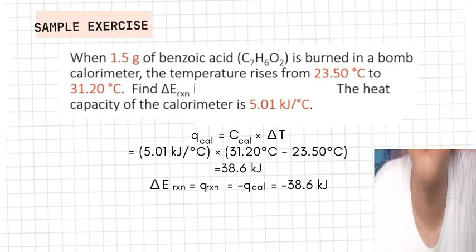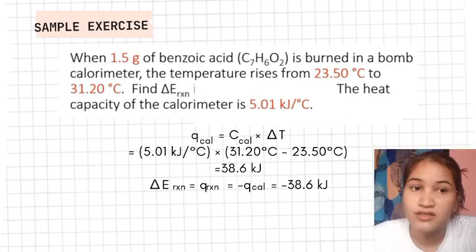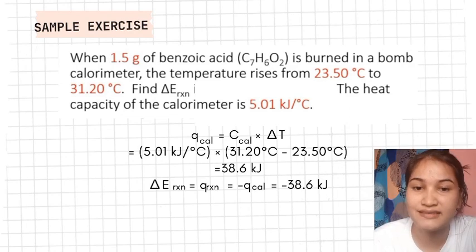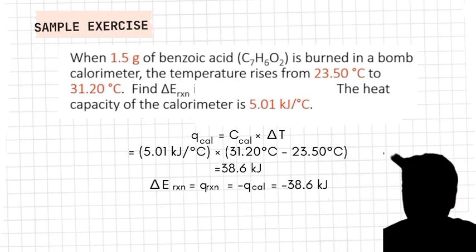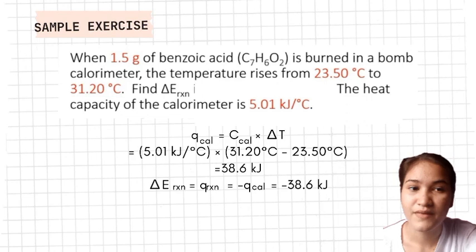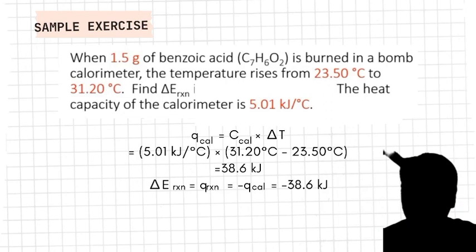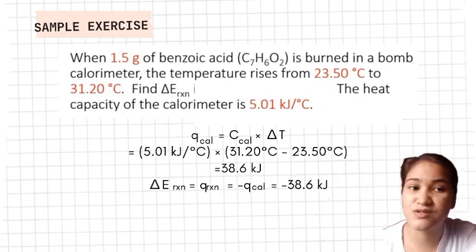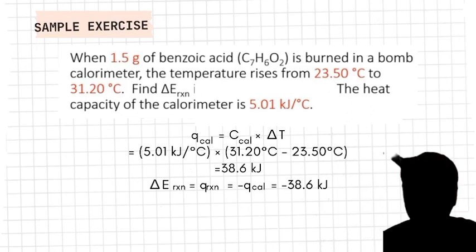In this sample problem, we need to find delta E reaction. We must first solve for Qcal using the formula Qcal is equal to Ccal times delta T. The heat capacity of the calorimeter is given, which is 5.01 kilojoules per degree Celsius. Substituting values to our formula, we have 5.01 kilojoules per degree Celsius multiplied by 31.20 degrees Celsius minus 23.50 degrees Celsius.